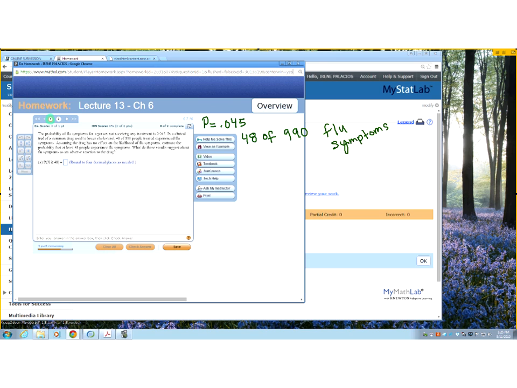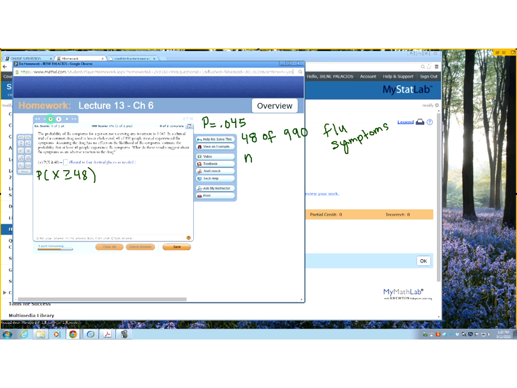Okay. Assuming the drug has no effect on the likelihood of flu symptoms, estimate the probability that at least 48 people experienced flu symptoms. So the probability that at least 48 people experienced flu symptoms.